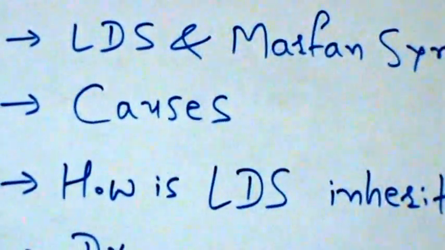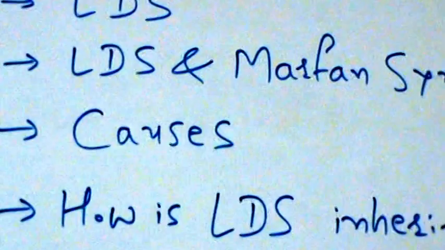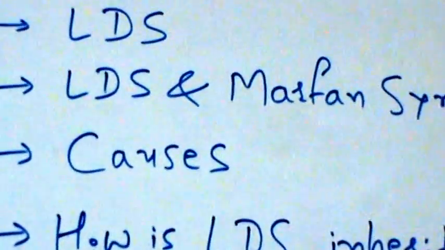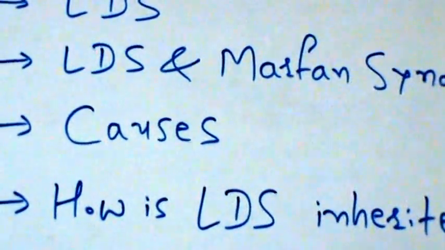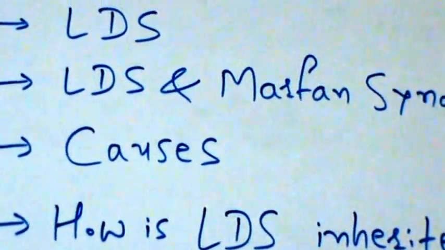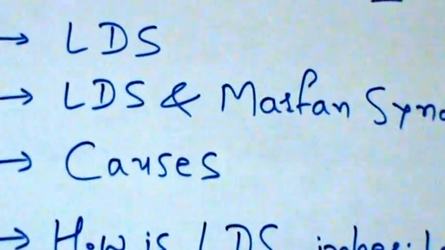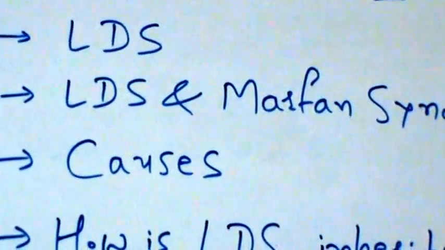When any of these genes has a mutation, growth and development of the body's connective tissue and other body systems is disrupted, leading to the signs and symptoms of LDS.